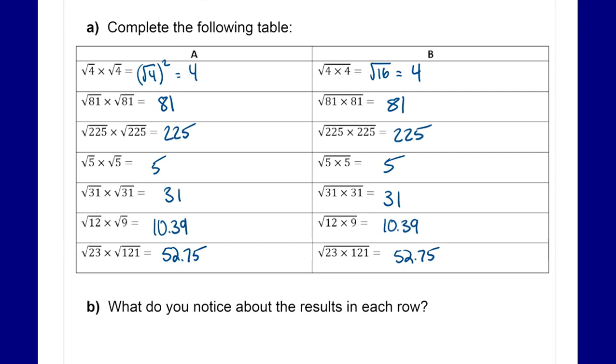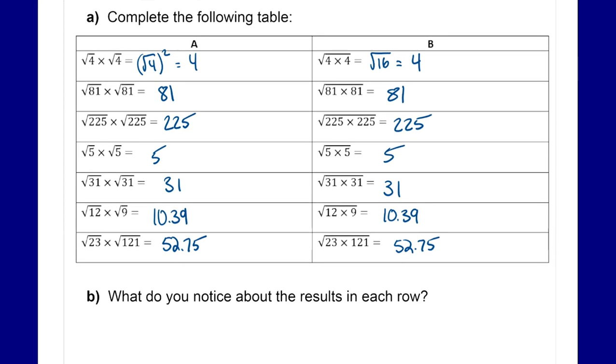What do we notice about the results in each row? Well, looking at each row, we should hopefully see that the results are the same. In each row, regardless of how it's written, we get the same answer.